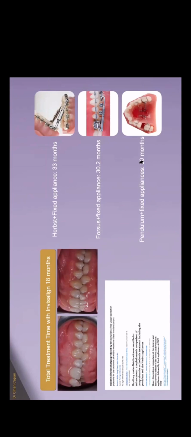In Miss G's case, the total treatment was 18 months, but I told you that I was just changing every 2 weeks, and now I'm changing my aligners every 10 days. So if Miss G was my patient now, probably the total treatment time would be 15 months, something like that. And it means that it's almost half of the conventional orthodontics.